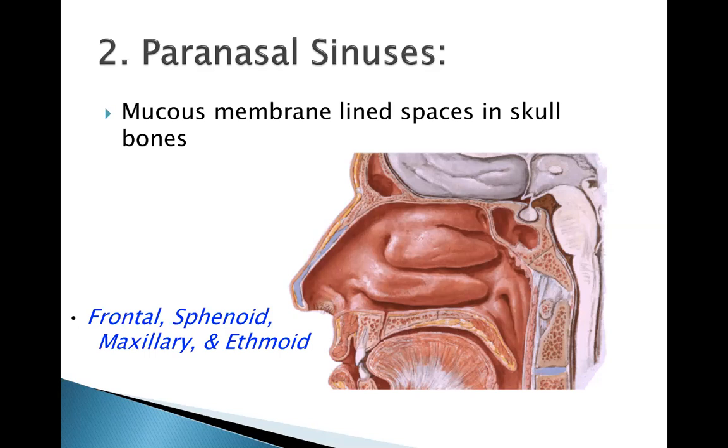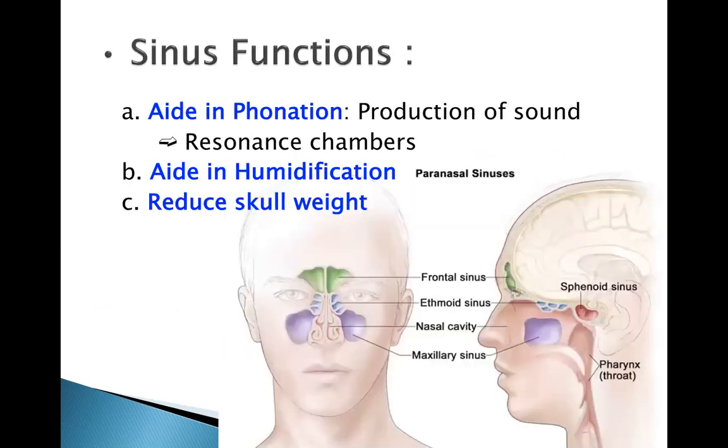And the collection of these create these nice mucous membrane lined pockets within those bones that not only helps to reduce the weight of the skull, but creates these resonating chambers for phonation, as well as helps to keep warm, humidified air. So it helps that process of conditioning the air.